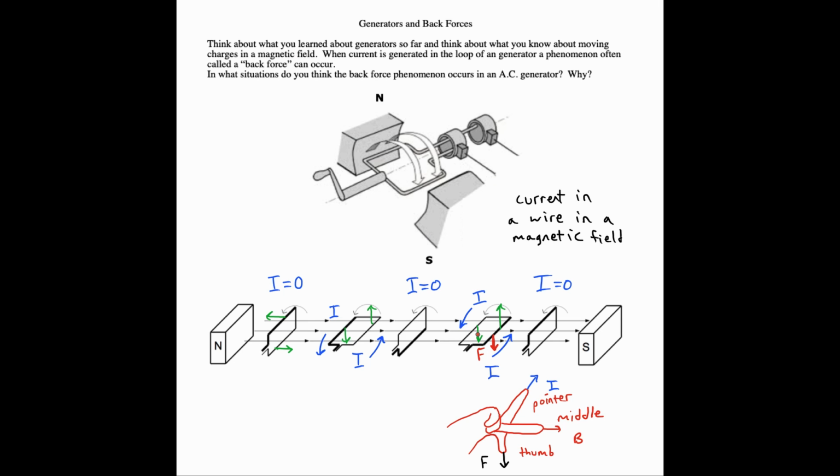If we do the same analysis on this wire here, and point our pointer finger in this direction, our middle finger goes in the direction of B. We have some other fingers, and our thumb points up.